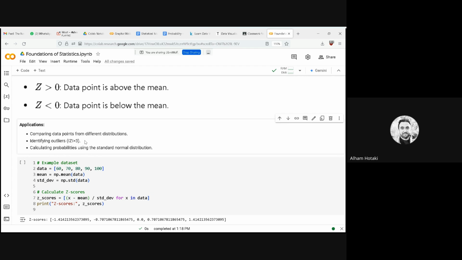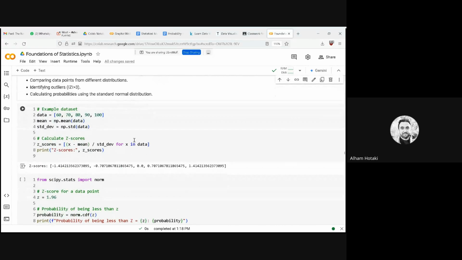Also, z-score is important for calculating probabilities using the standard normal distribution.